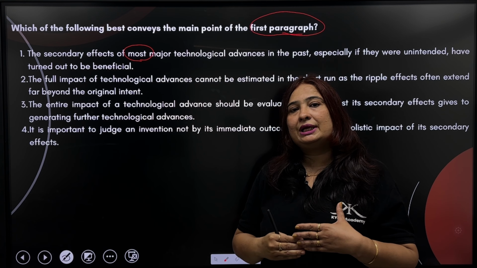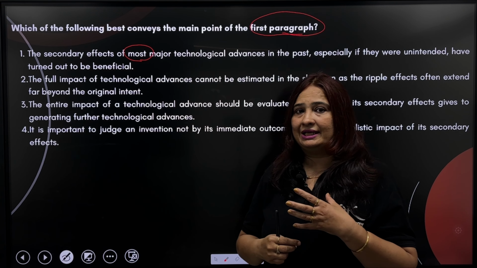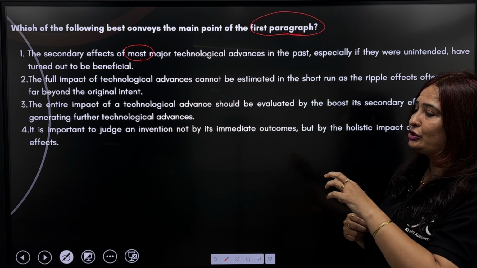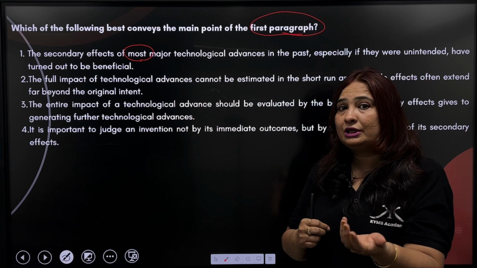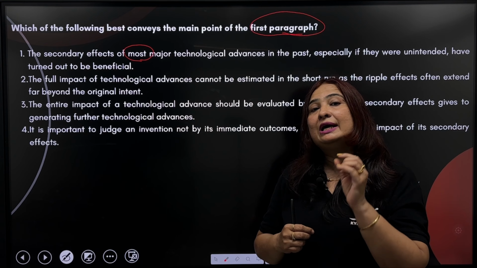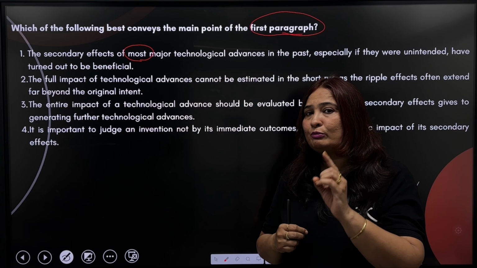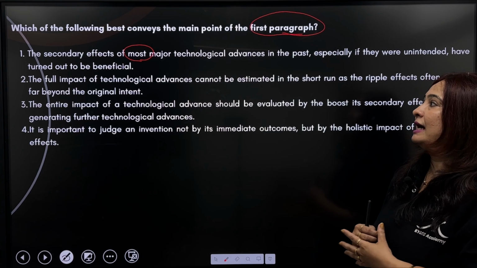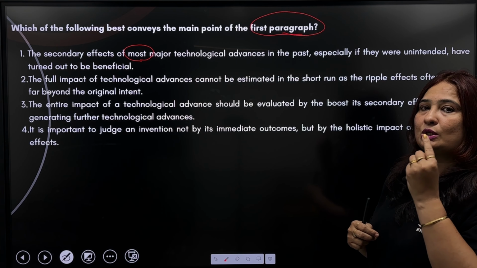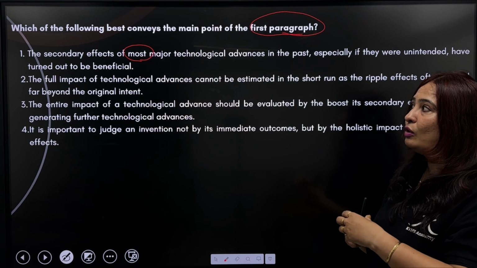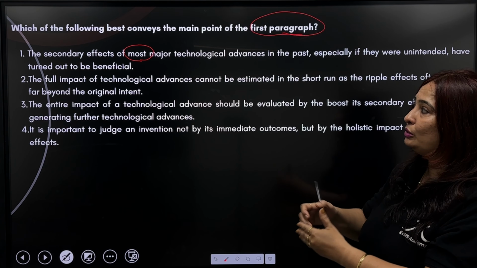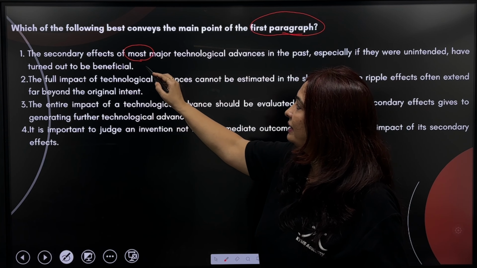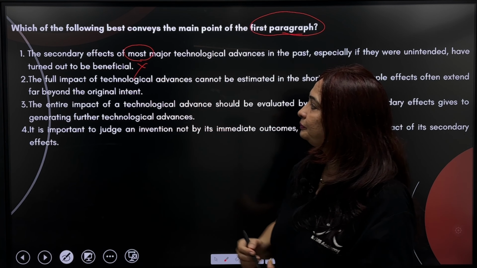Now many students end up picking this option as the right answer, but here you can see, the author is asking us the question and the answer is going to be only from the first paragraph, and in the first paragraph the author has talked about only one invention and that is the printing press. Gutenberg was the example given, so obviously on the basis of one single invention how can you come to this conclusion, most major technological advances? Indeed, it is not my answer. It cannot be the answer.